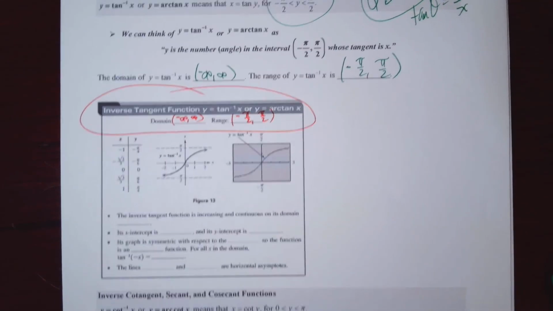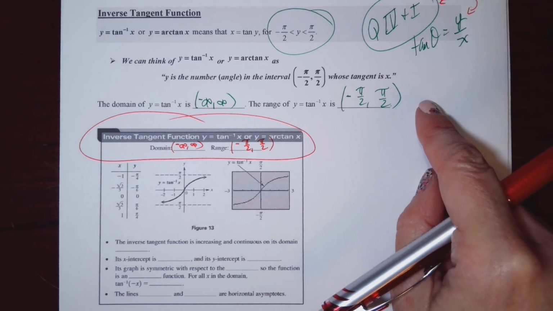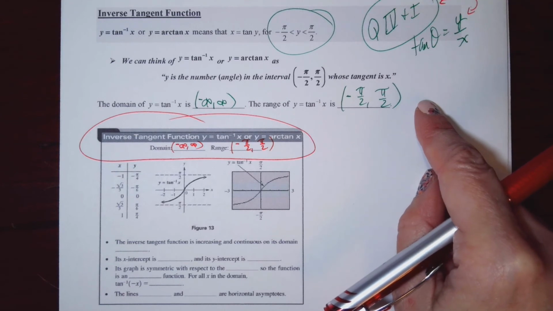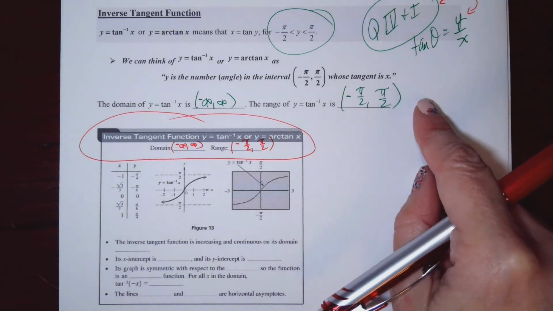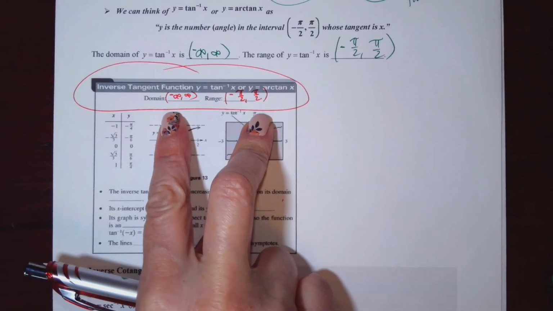Now, once again, this is our convention. Some editors, some authors follow a different convention. It's possible that you will see things a little different somewhere out there online, but this is what our book is going to use as our decided restriction to make our tangent function 1-to-1, so that our inverse tangent is also a function.